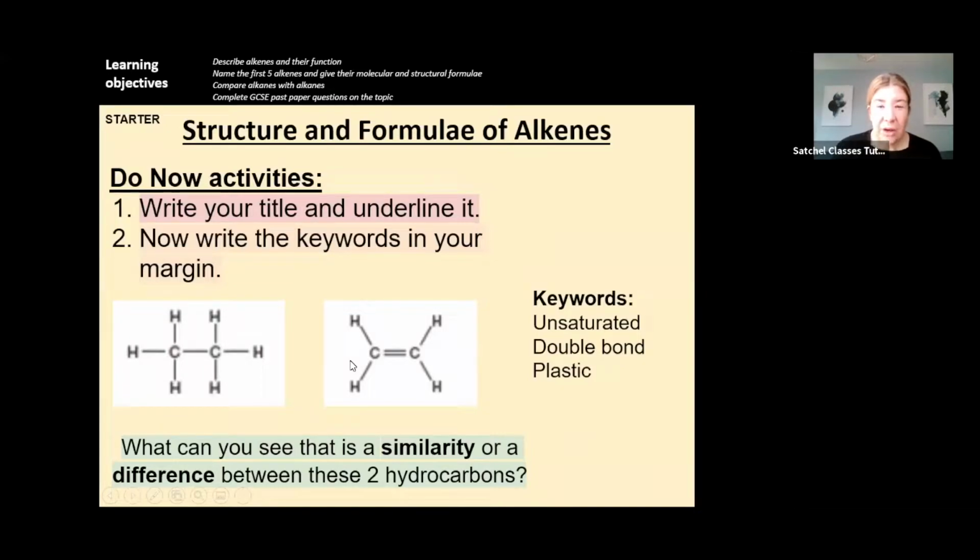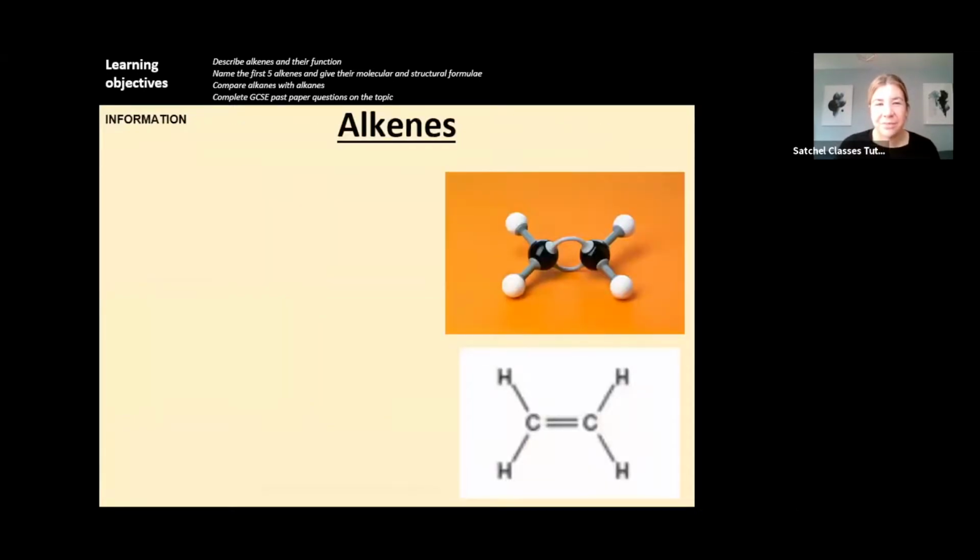If you're comfortable using this terminology, we've got a single covalent bond and a double covalent bond between these carbons. This is showing an alkane and an alkene, specifically ethane and ethene. Really well done if you've got any of those points. Don't worry if you haven't, because we're going to go into that in more detail.